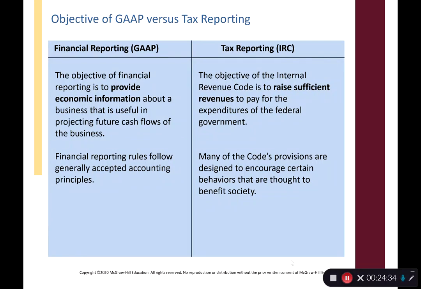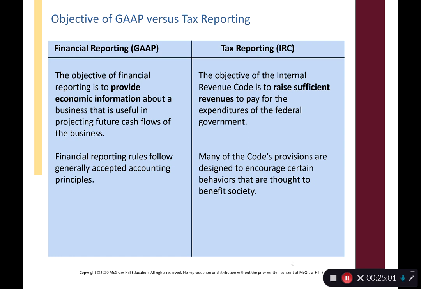Under GAAP, the goal is to provide useful information to decision makers. Financial reporting follows GAAP, but the IRS's goal is to make money to cover the expenditures of the federal government. So a lot of the times the provisions in the code, the Internal Revenue Code that is, are made to encourage certain behaviors that are thought to benefit society.